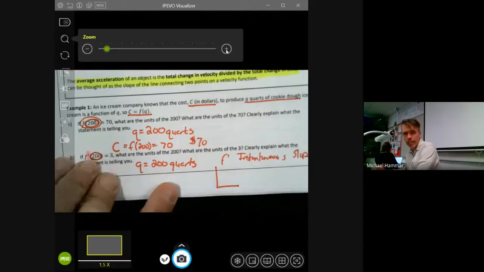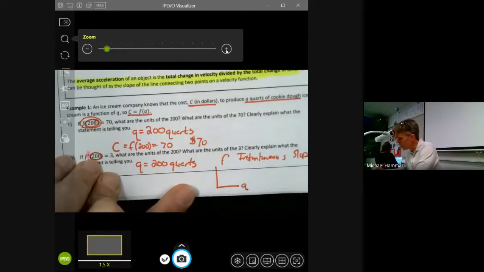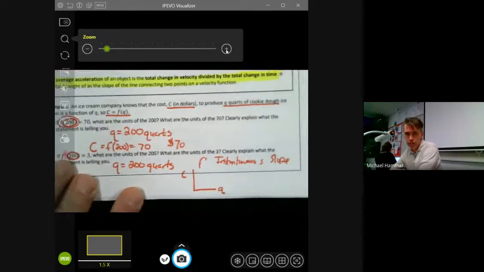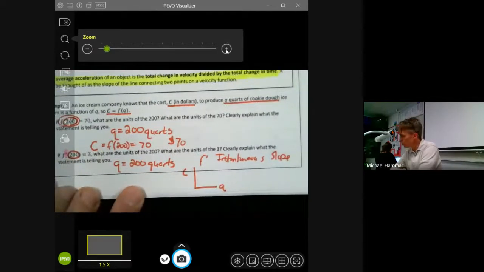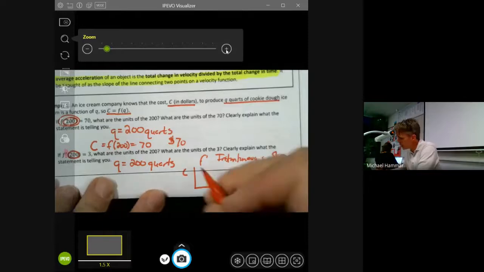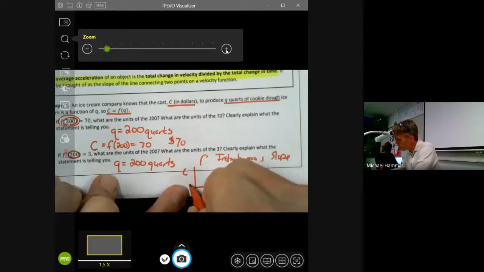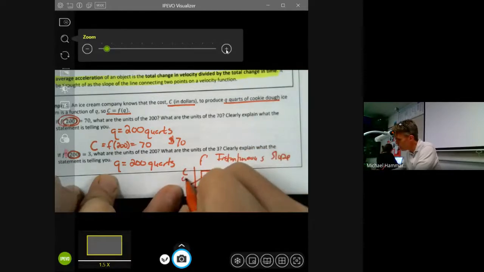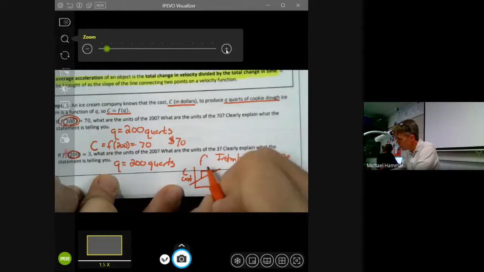If we look at the graph, we have quarts down here, and we have the cost up here. So what is going to be the label of the instantaneous slope? Well, we have a rise and we do have a run. Our rise is going to be cost. Our run is going to be quarts.